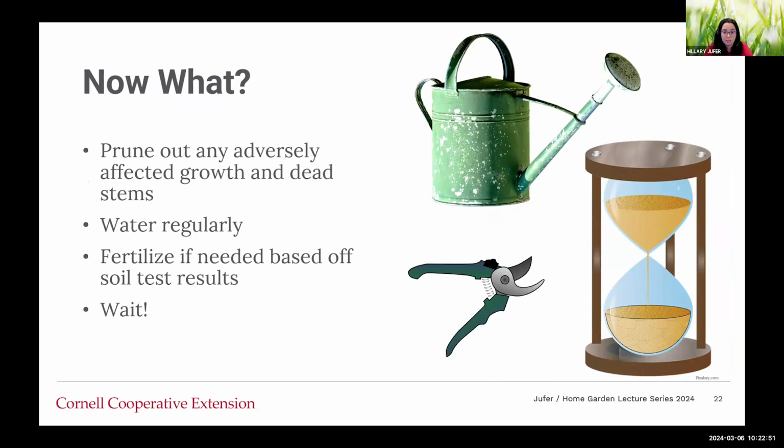If the tissue is green underneath, that means it's still alive. Whereas if it were brown or easily snappable, then we'd start to worry and maybe cut that off. But if the bud tissue is still green, you're likely going to see new foliage. So you'll just want to give it a little bit more time.